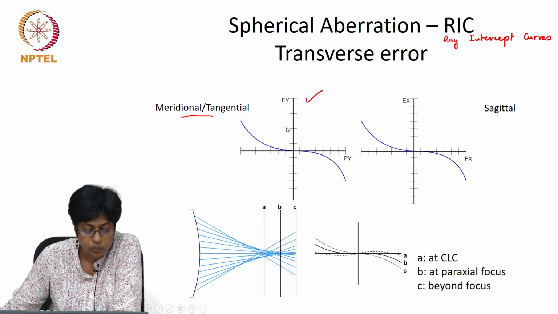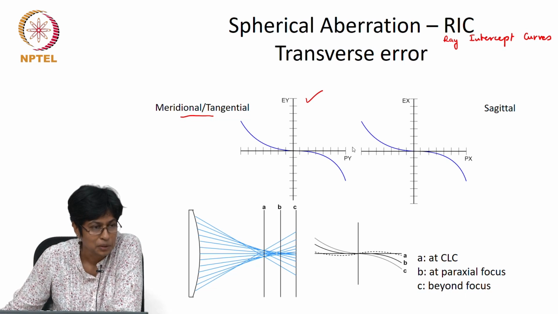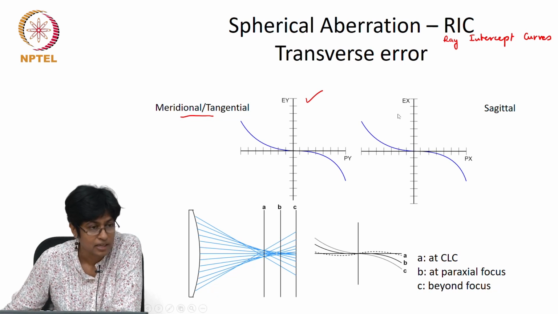What is our error that we are plotting in these RIC curves? We talked about this yesterday. What were the axes? I said we never label the axis. What are we plotting? Tangential error was the y-axis and the x-axis was tan of the angle, right? And how did we plot?